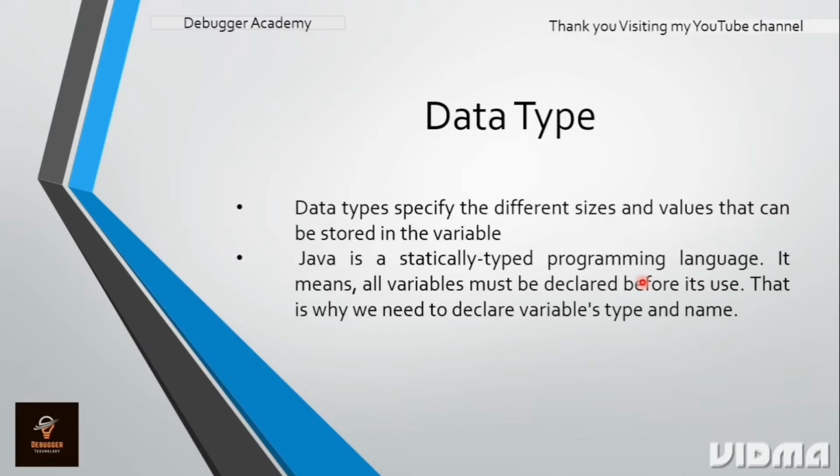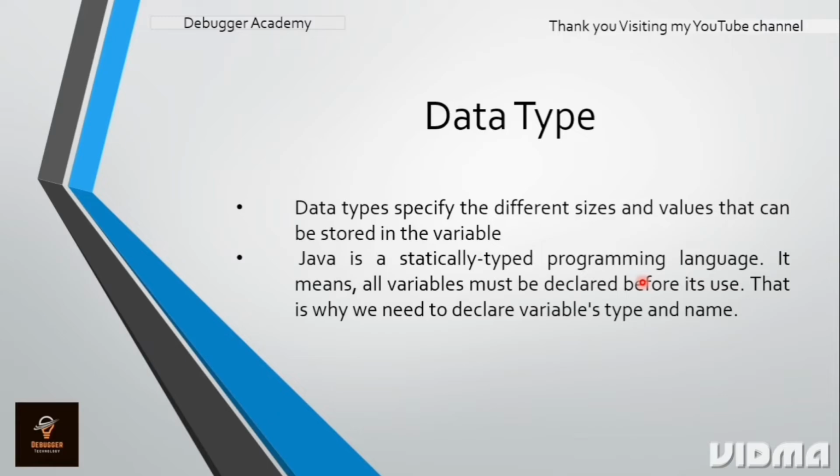Once we declare a variable of a certain data type, it cannot hold values of other data types. For example, C, C++, and Java are statically typed languages.